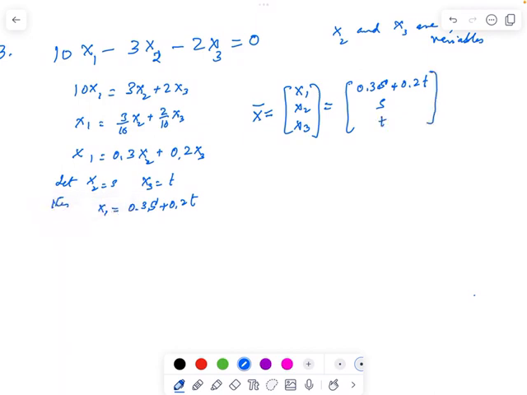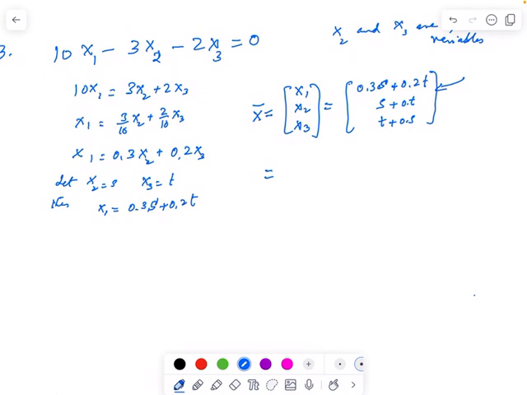So now what we can do, remember, two vectors can be added if they have the same size. So think of this as a sum of two vectors. We are going to separate the terms which have s in them. Because this can be thought of as s plus 0t, and this third row can be thought of as t plus 0 times s.